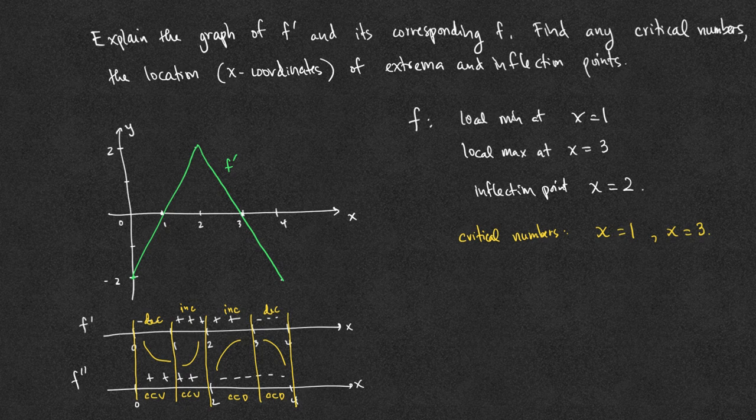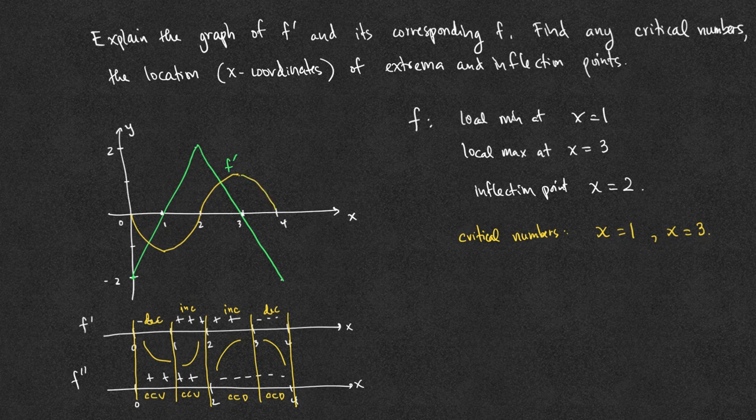We are not given the initial value, so we can start at any height. Why don't we start at x equals 0, y equals 0. The graph is decreasing and concave up from 0 to 1, increasing and concave up from 1 to 2, increasing and concave down from 2 to 3, and then decreasing and concave down from 3 to 4.